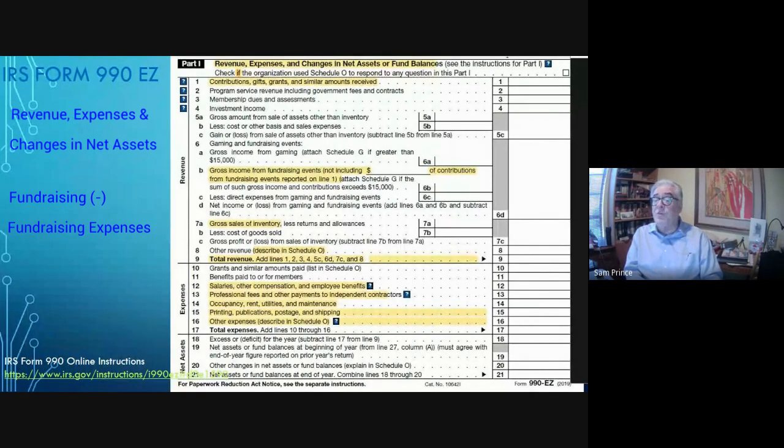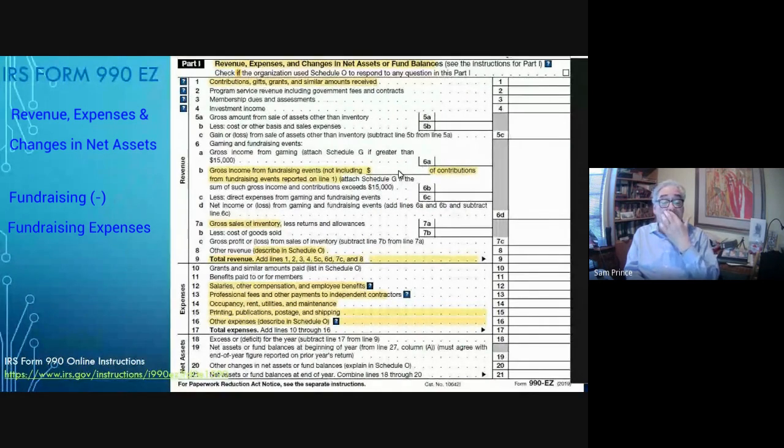Let's say you have a door prize drawing you sell tickets for, and then you pull a ticket at the end of the event to determine who the winner or winners are. That's considered gross amounts, gross income. And that's the number that the IRS is looking for in 6B.